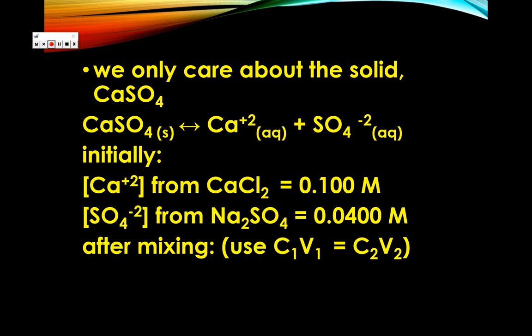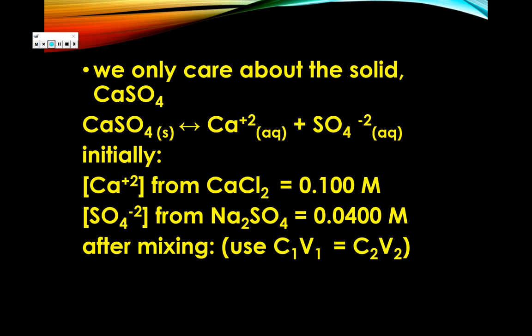Once we add our two solutions together, the calcium concentration is going to decrease from 0.1 and the sulfate concentration is going to decrease because there is more water. This extra calculation before we can calculate Q has really nothing to do with grade 12. It's just the principles of chemistry. If you add more water to something, it becomes less concentrated, or diluted. What is that new concentration going to be? We can calculate it.